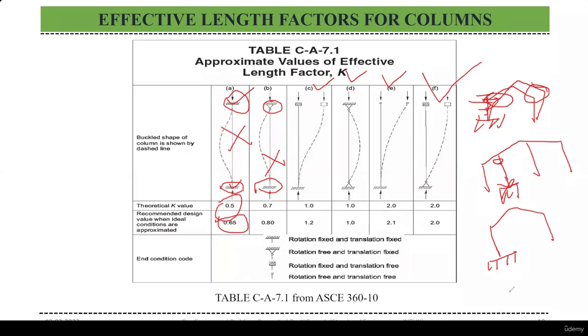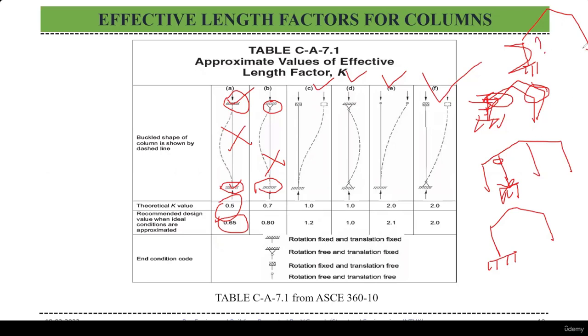section because of how the moment diagram will be for a fixed column. There will be some fixed moment, some negative moment and some positive moment. So how can you taper a section for a moment like this?